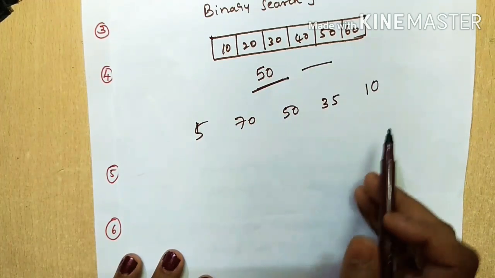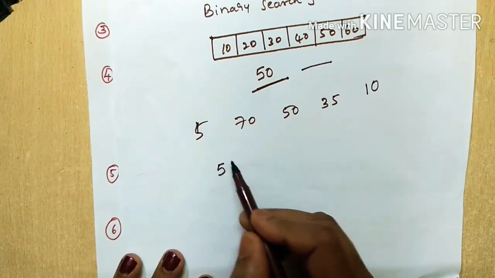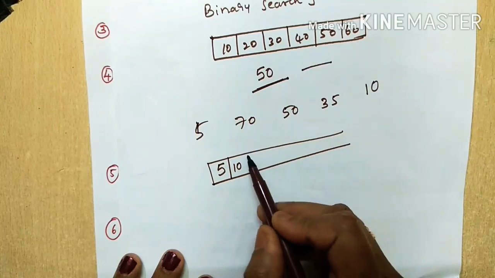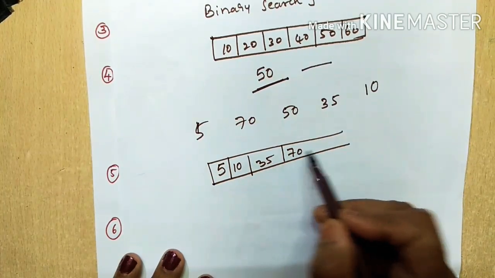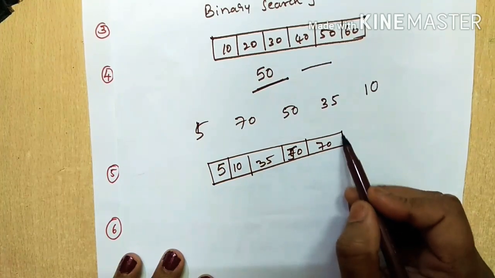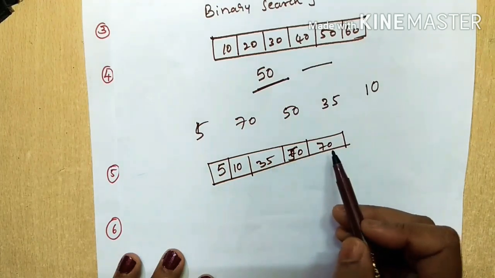Now I want to arrange these elements in order: 5, 10, 35, 50, 70.